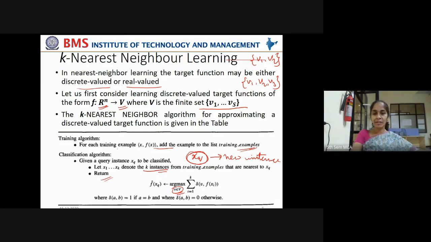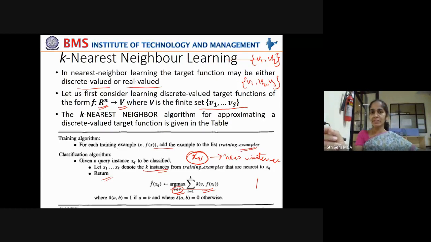Let us see. First, let us see what actually is added up. Then we'll see what we are trying to maximize, right? We are trying to add delta(v, f(xi)), where delta(a, b) is equal to 1 if a is equal to b. Means if the new instance is equal to the existing instance features, take the vote as 1.